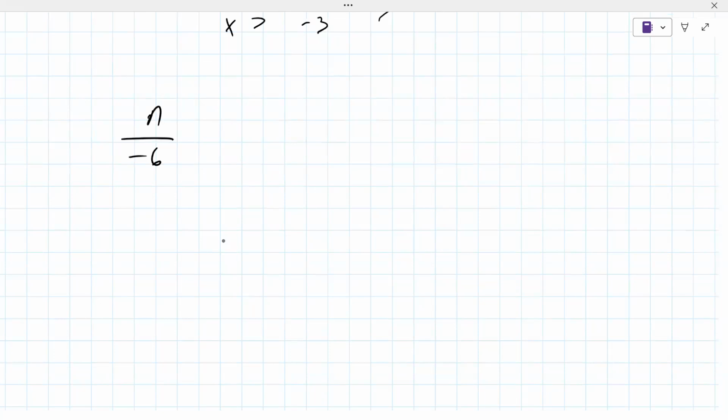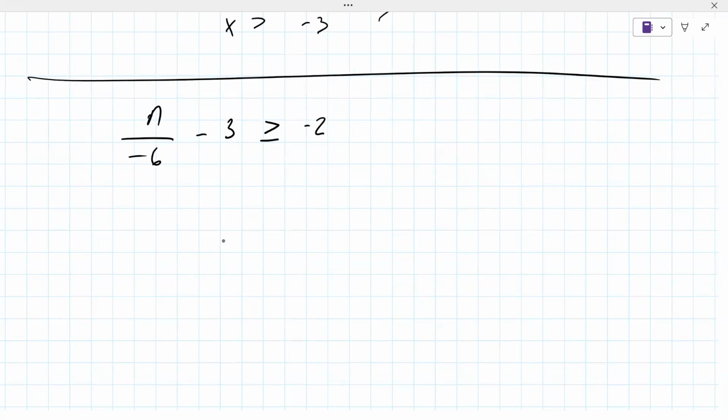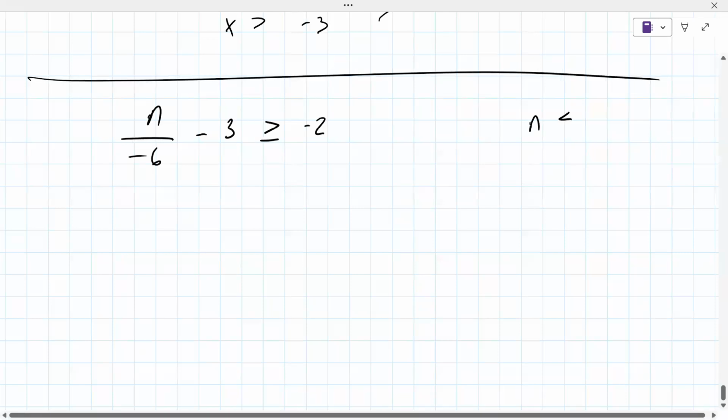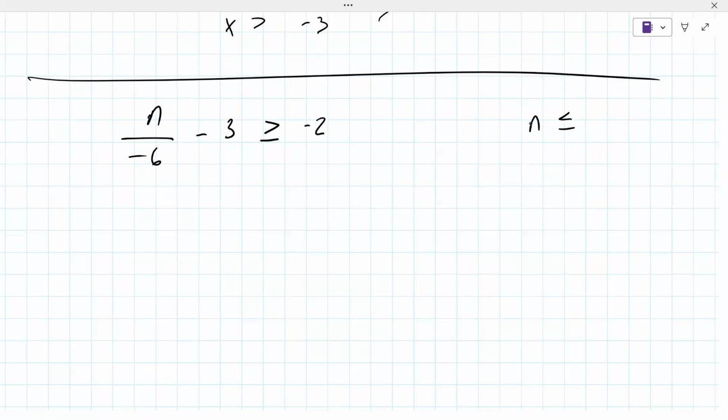n over -6 minus 3 greater than or equal to -2. n is greater than, no, n is less than or equal to -6.